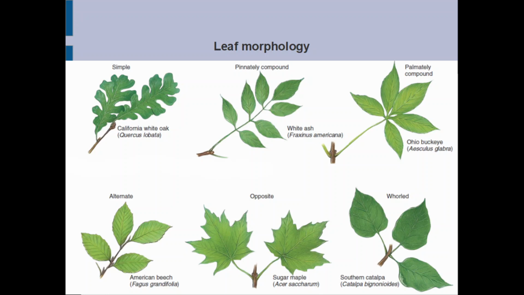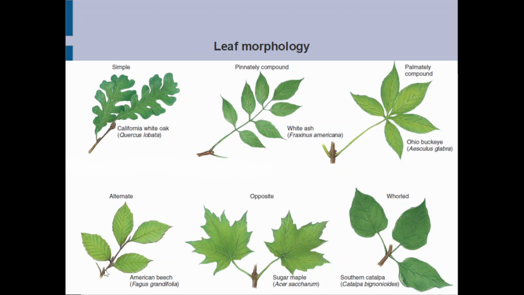And also the leaves have arrangement on the stem. This is not a stem, this is a petiole. But if we look at the stem, here at the bottom of the slide, this is a stem, and these leaves can be arranged differently on the stem.